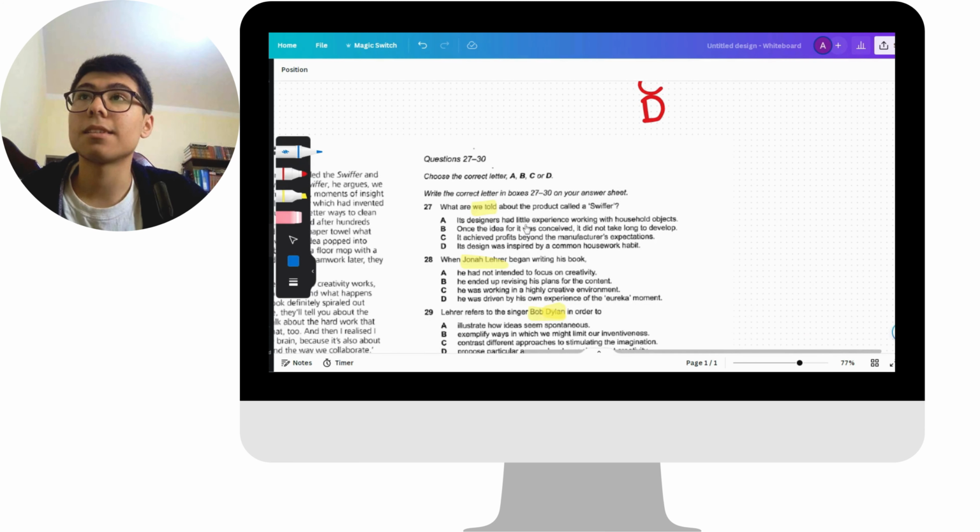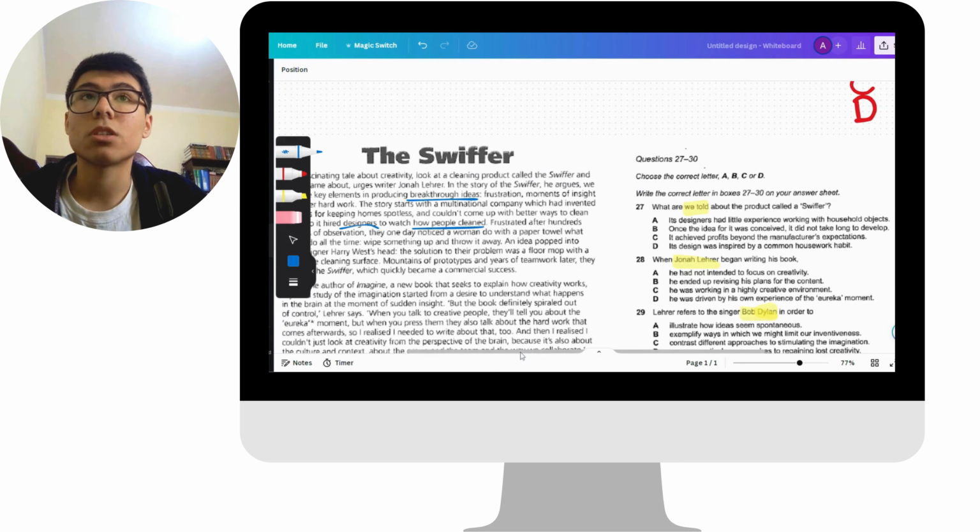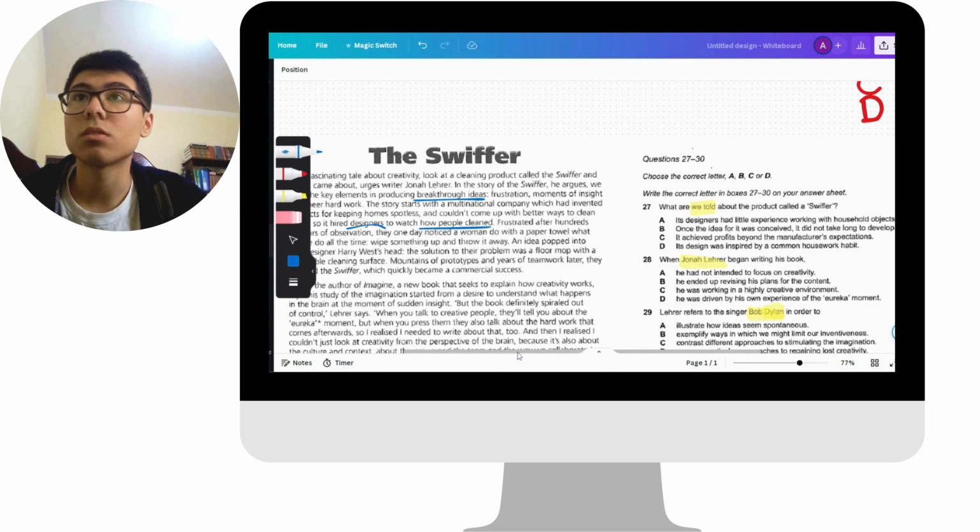A: Its designers had little experience working with household products. We don't really know that. B: Once the idea for it was conceived, it didn't take long to develop. Are they talking about how long it took?